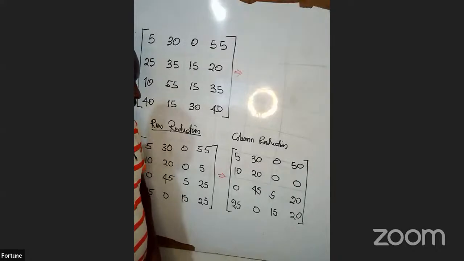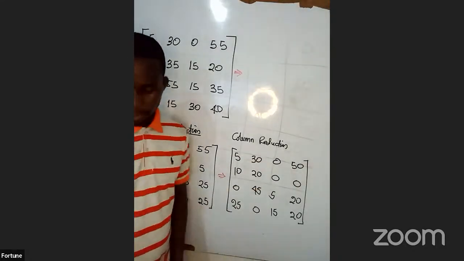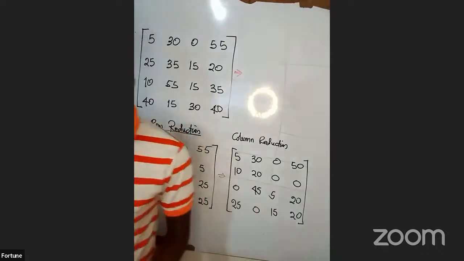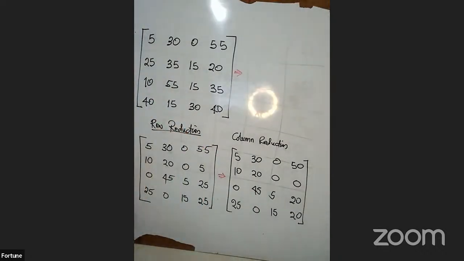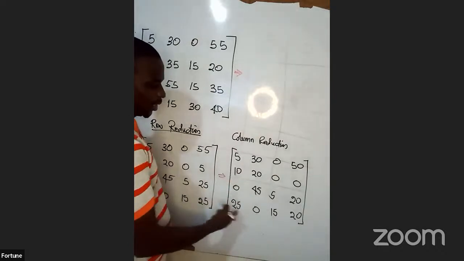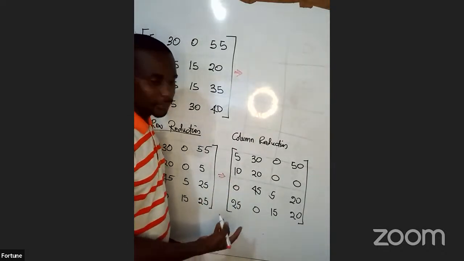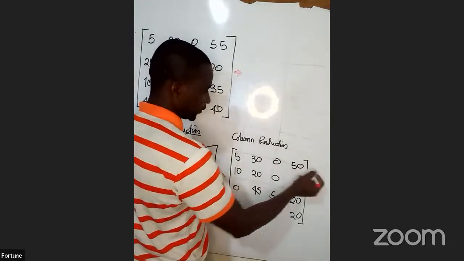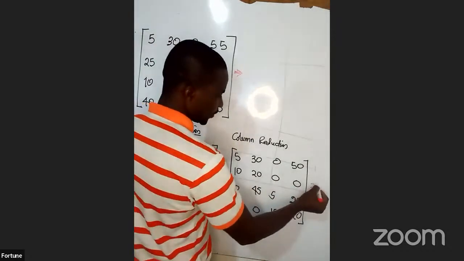Having got this, the next step is to cancel all the zeros with the least number of lines possible. So how do you do that? I mentioned in one of our previous classes that you first check for the row or column with the highest number of zeros. Here, there's only one zero. There are 2 zeros here.